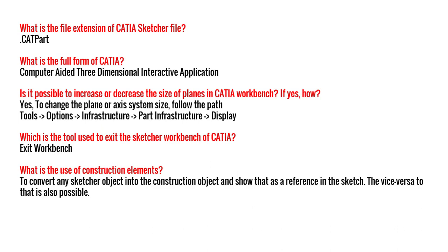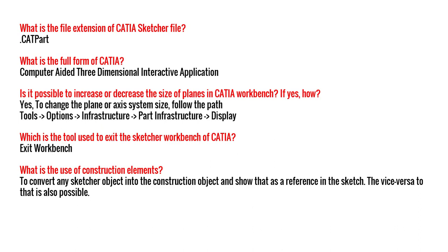Reference can be, say, I'm using it for applying dimensional constraints, or geometrical constraints. For that, definitely I cannot remove it from my sketch, but I know that that particular thing is not part of my sketch. So in that case, what we can do is convert that into a reference element.